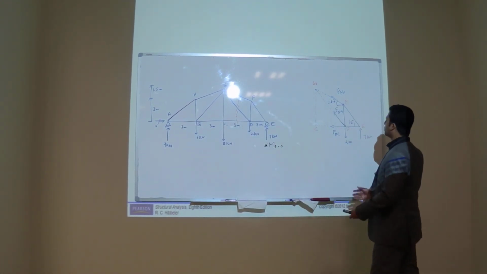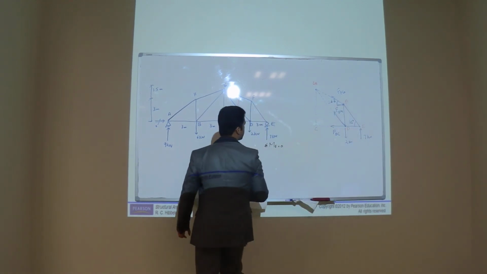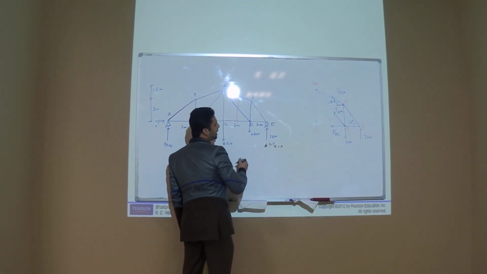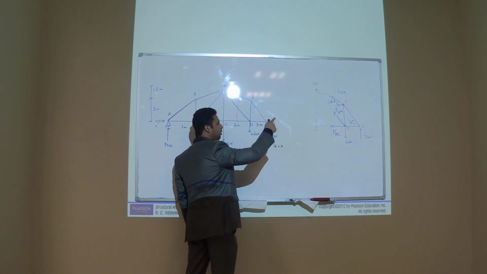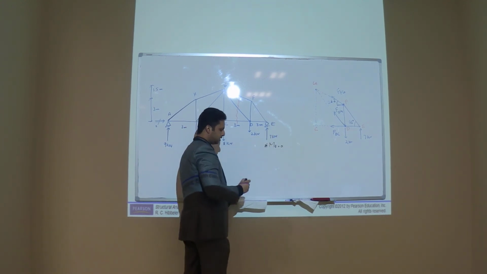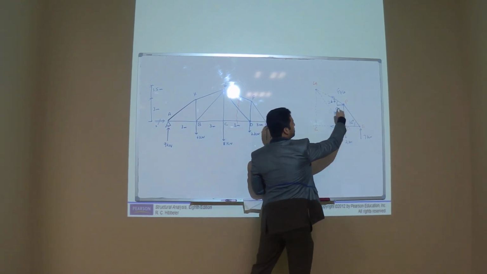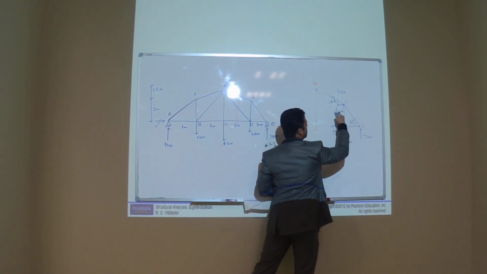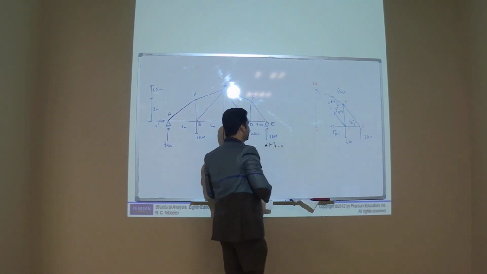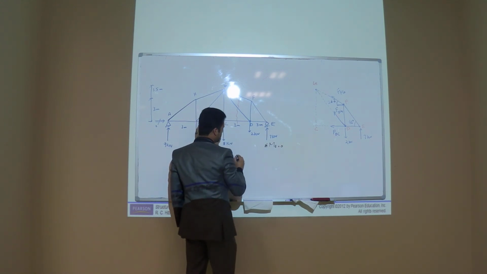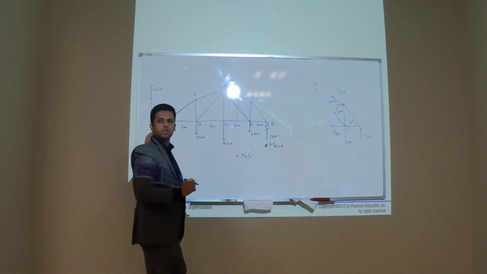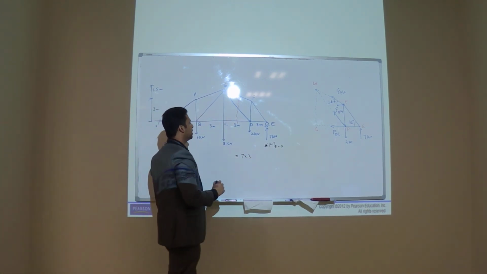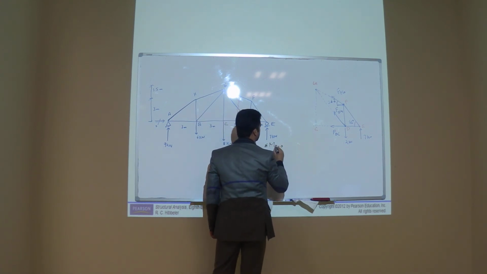At joint D, this 7 kilonewton will produce a moment, and we can take it positive, 7 into the distance.